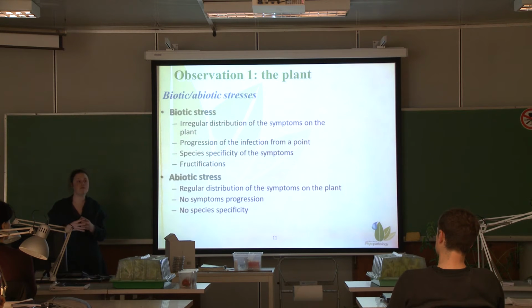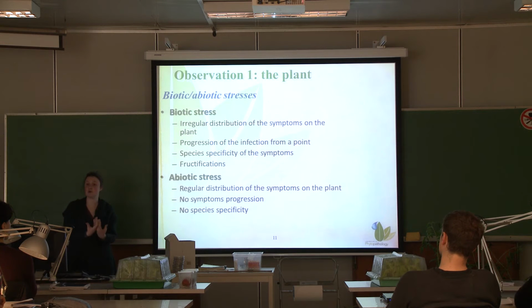You will also usually have a progression of the symptoms from a certain point. And with a biotic stress, you will also have a species specificity. So if you have several plants in a spot, only one species will be attacked by the pathogen. And of course, if you see fructification in the case of fungi, you can tell that it is a biotic stress.